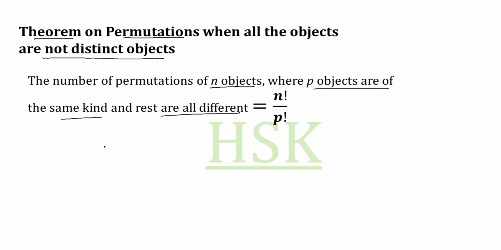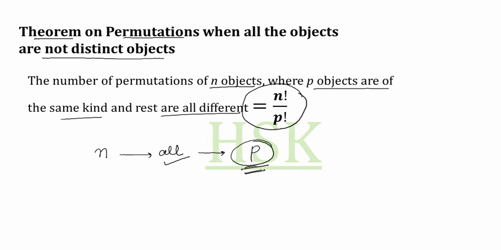So this theorem can be straight away applied in the condition in which we have n objects, all the objects are to be arranged, and only one object is repeated, or in other words, p objects are same. Out of the n objects, p objects are same, identical. So in this case the total number of arrangements would be equal to n factorial upon p factorial.